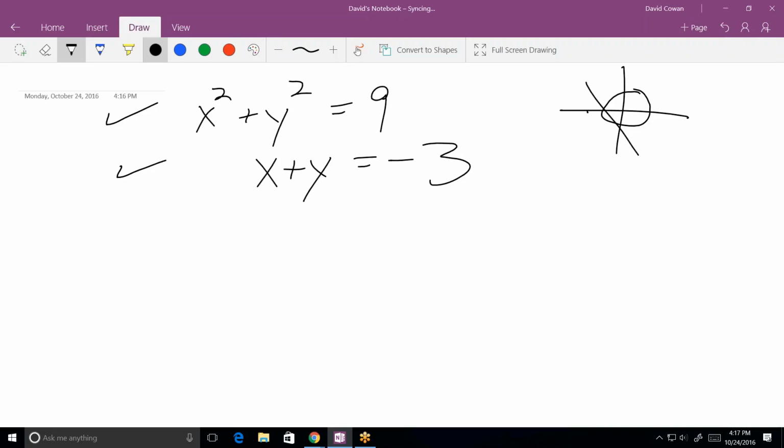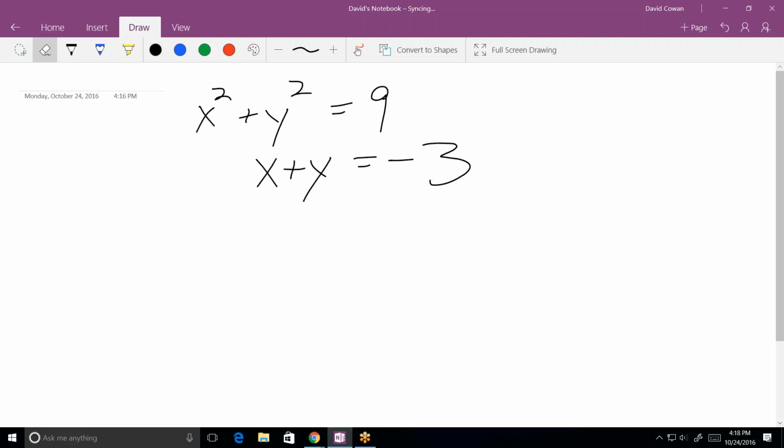So I want to find its points of intersection. Well, I can do this by substitution. This is a little harder to do by elimination. Even though both appear to be in standard format, I'm going to have a hard time eliminating a variable, right?